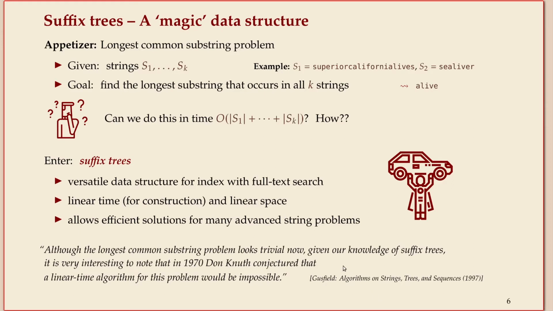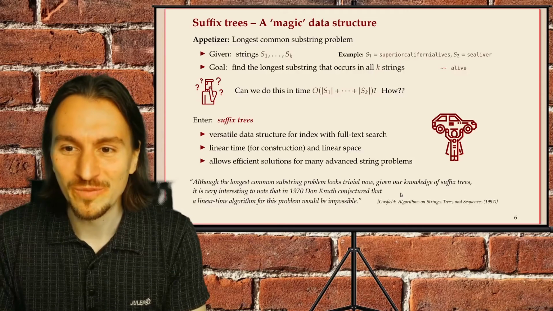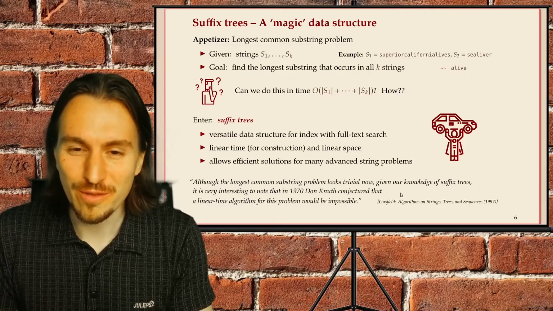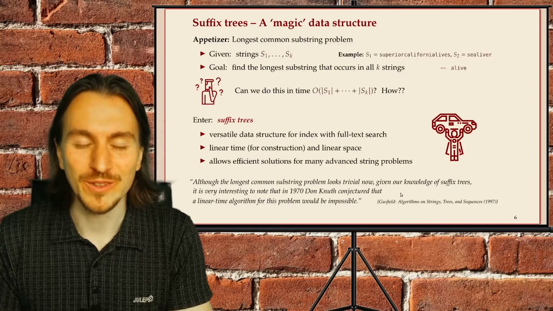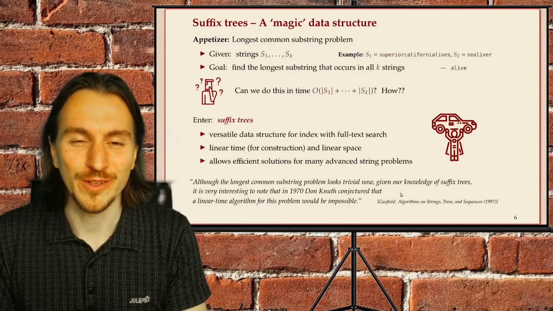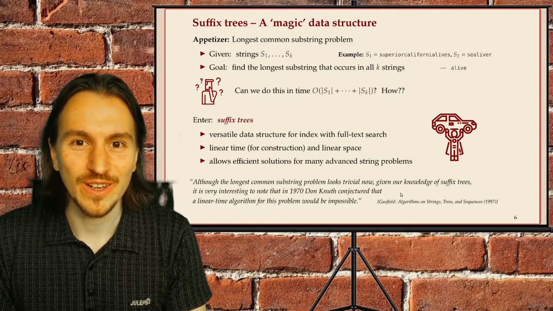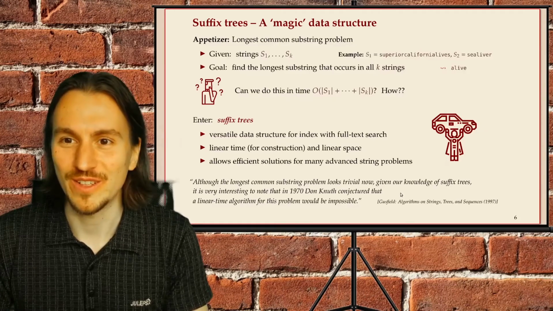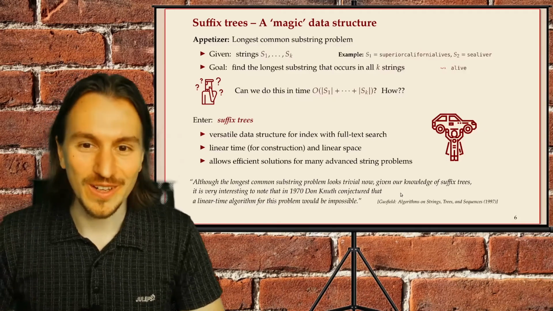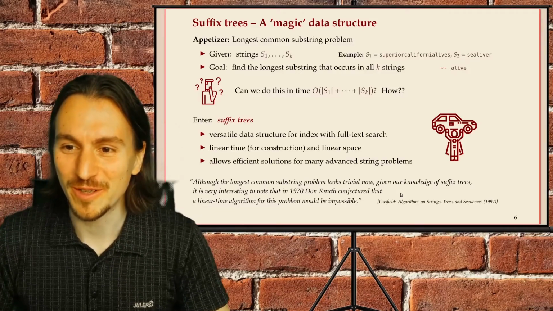And he says, although the longest common substring problem looks trivial now, given our knowledge of suffix trees, Don Knuth, famously known as the inventor of LaTeX, but also the author of the influential book series, The Art of Computer Programming, in a sense, one of the fathers of theoretical computer science and the analysis of algorithms, and a very clever person, called a genius by many, etc.